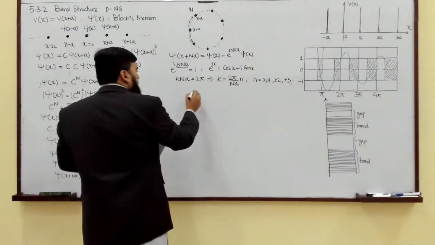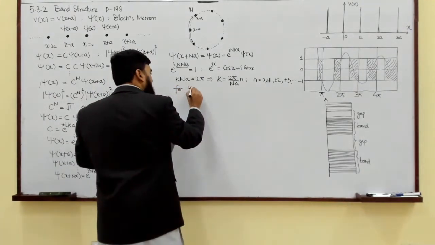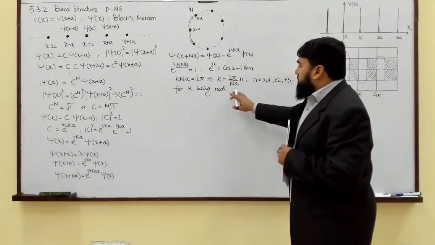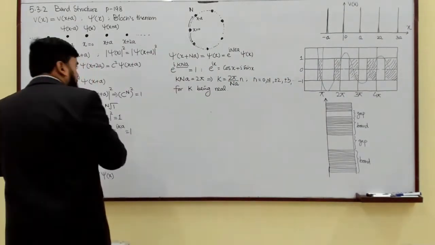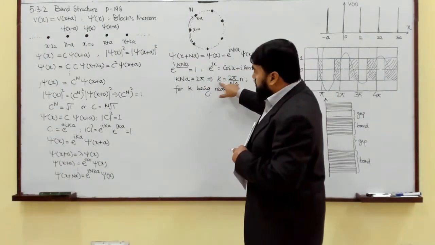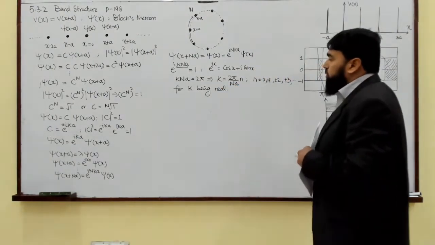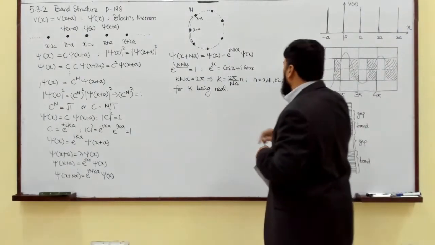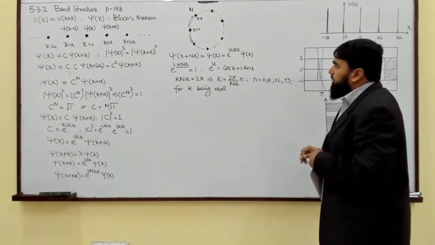So there will be a restriction for k being real. So k is supposed to be real. Now we found the value of k, that it will be a real number. So we found the periodicity here.